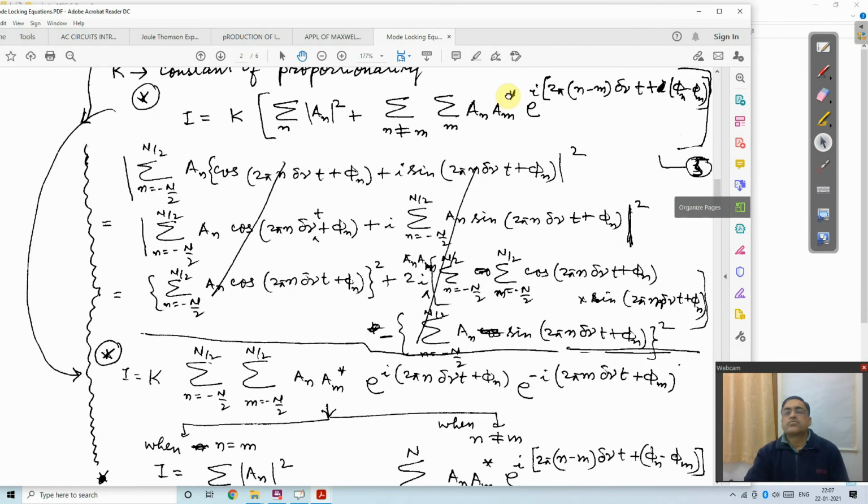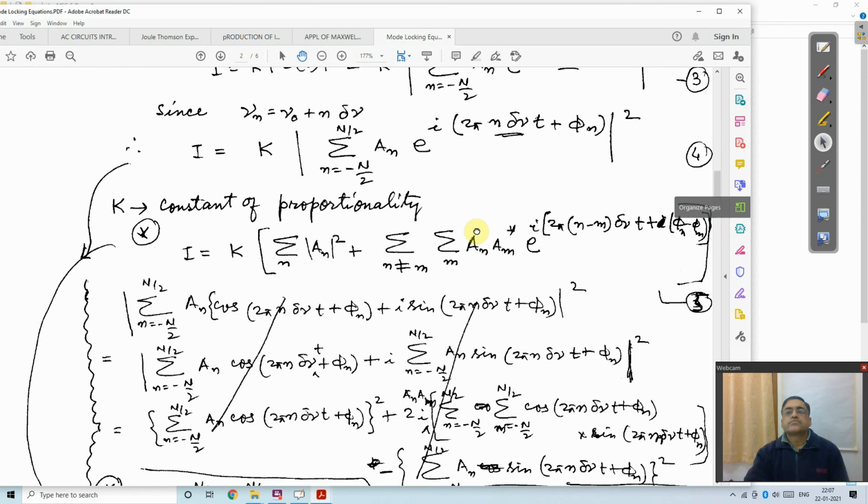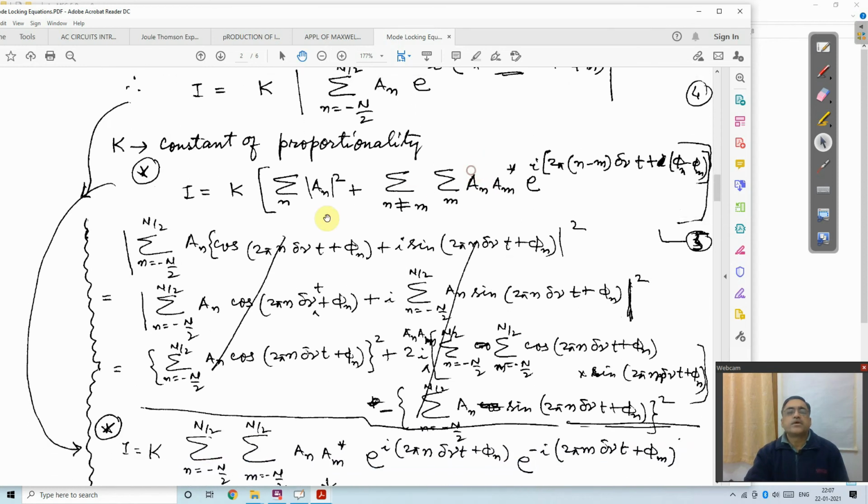I have tried to solve it, and we may write I is equal to some constant, summation over n of |a_n| squared plus summation over n not equal to m of a_n a_m star, that means complex conjugate, e raised to iota 2 pi (n minus m) delta nu t plus phi_n minus phi_m. This is our equation number 5.